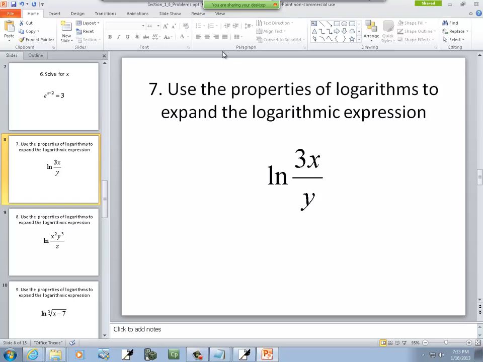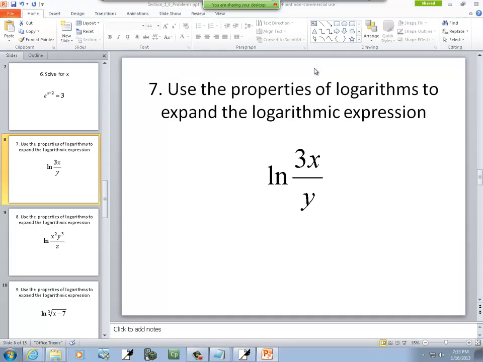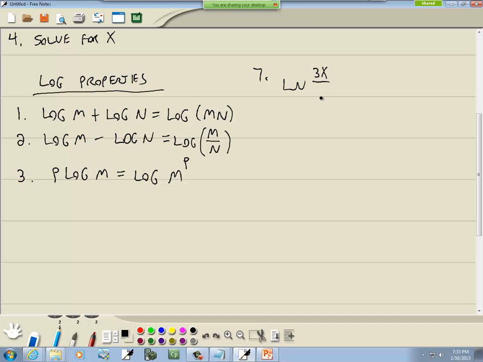So let's look at our first problem. Got natural log of 3x over y. Well, if I look at the main thing that's happening here, it's division. We got something up on top divided by something on the bottom. So from property 2, division becomes subtraction. So this becomes natural log of 3x minus natural log of y.